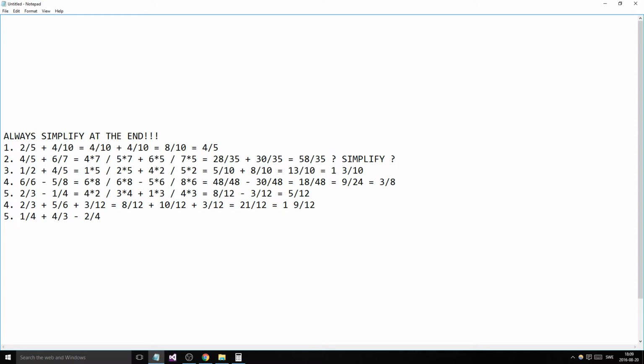And we can divide this by... Actually, we should simplify this first. Yeah, what am I doing? Simplify it. 21 divided by 3 is 7. And 12 divided by 3 is 4. So we're simplified. And this gives us 1, 3/4. Right? Yes, it does. So that's your answer right there.